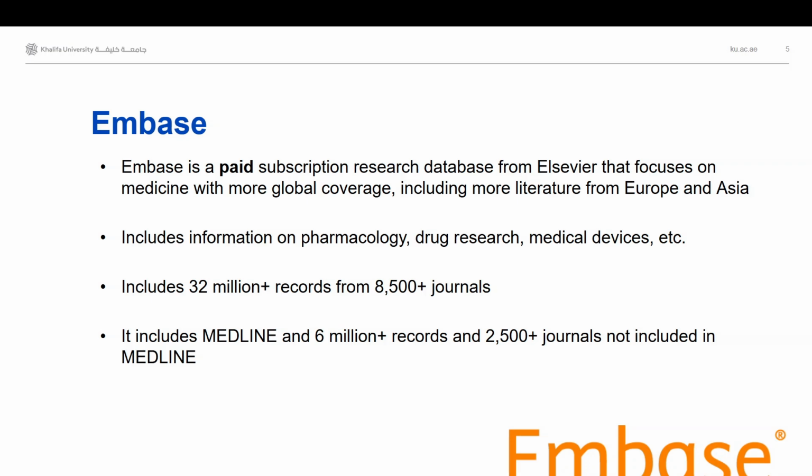Again, not all full text, but compared to PubMed, you will find more full text here. It has some overlap with PubMed, so it includes the Medline indexing, but it has its own as well. So even though there is some overlap, these two databases still complement each other quite well.